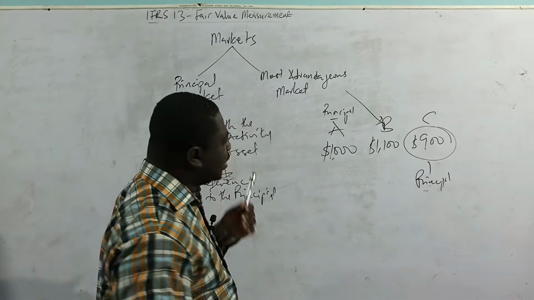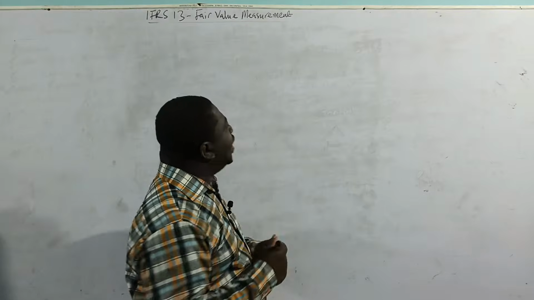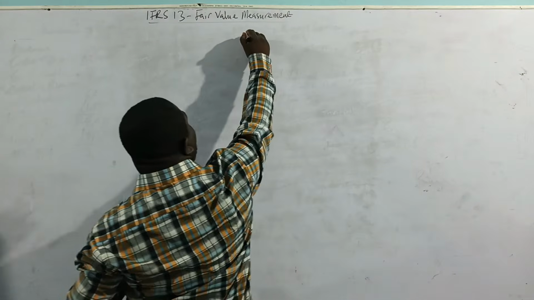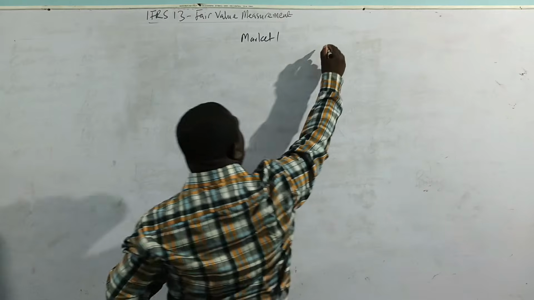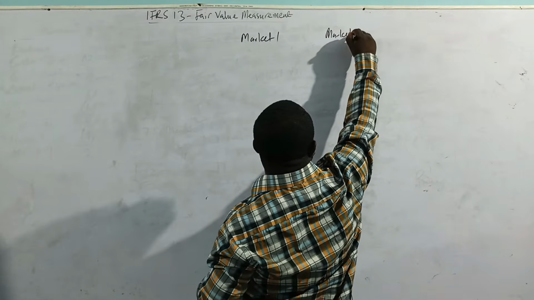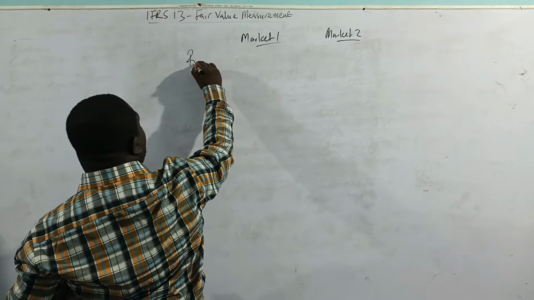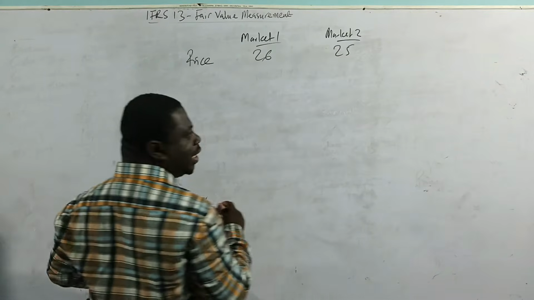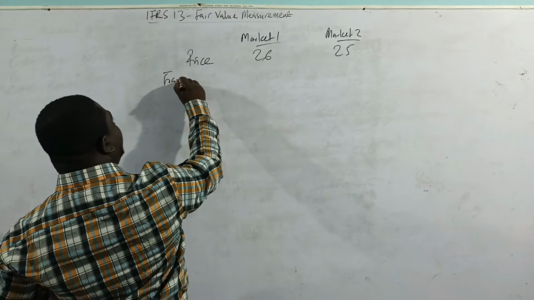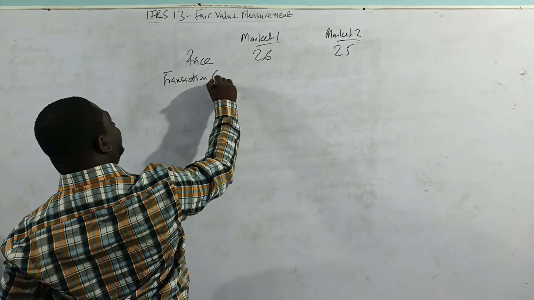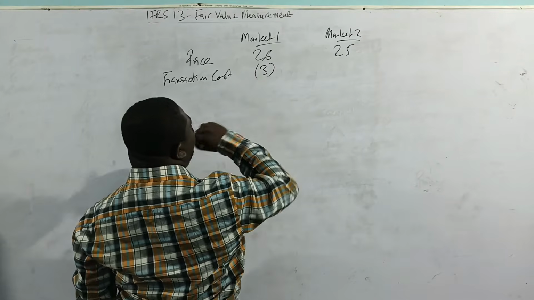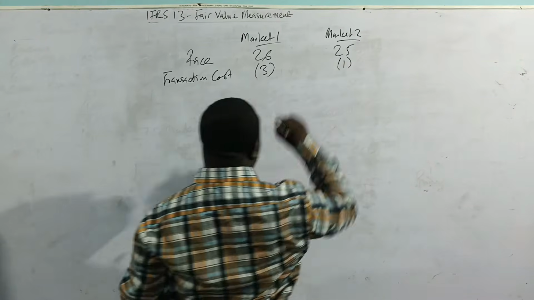Let me clean this. Now, let me just repeat something for you. This is market 1 from the question, and this is market 2. In market 1, the price is 26 cedis and 25 cedis in market 2. And then there is transaction cost. The transaction cost in the question is 3 cedis for market 1 and 1 cedi for market 2.